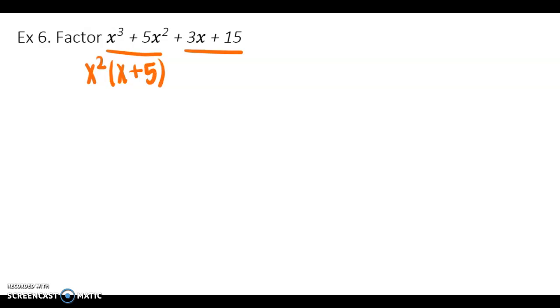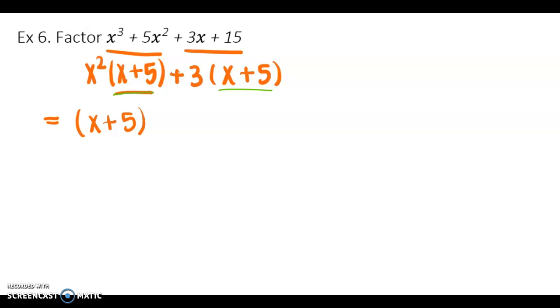And then from 3x and 15, I could take out a 3. Okay, now they have the same parentheses, right? So you're going to go ahead and factor that out. So we're going to write that in the front. And then what's left over, we're going to write in parentheses. And that would be our answer.